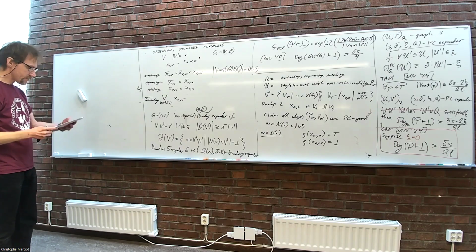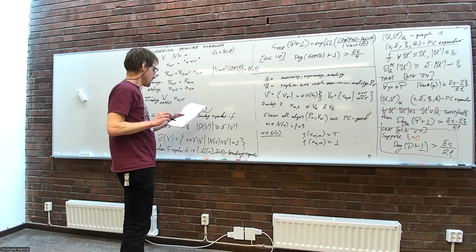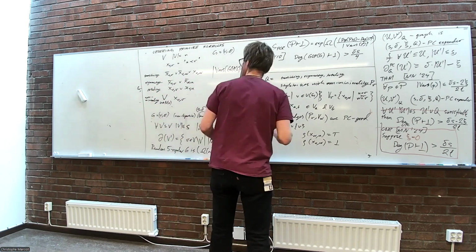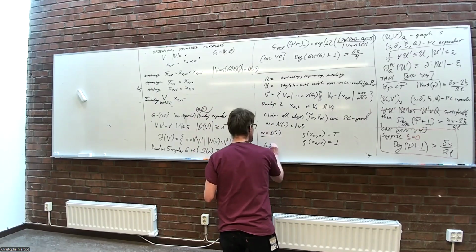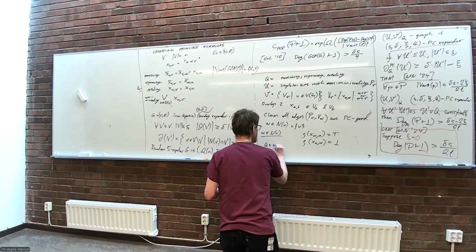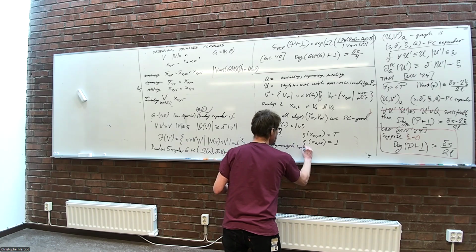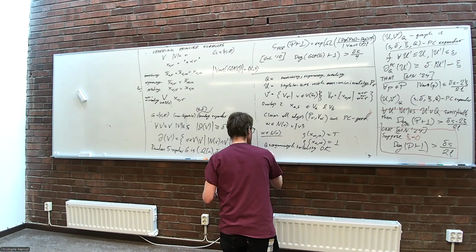Okay. So we claim that antisymmetry and totality are clearly okay. What about transitivity?